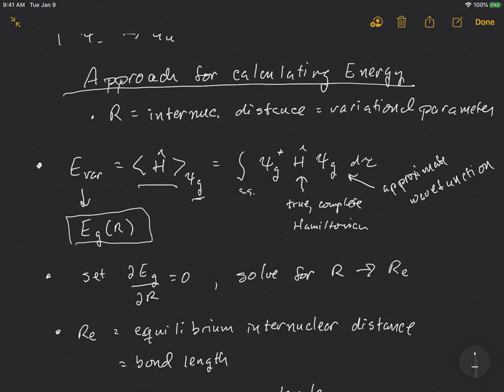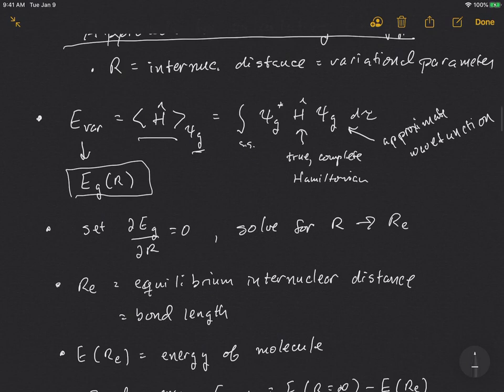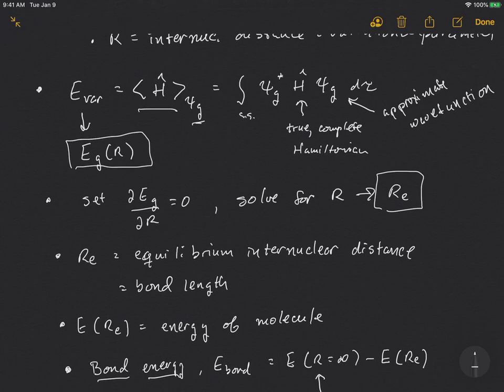Then following the variational approach, we're going to set dEg/dR equal to 0, and solve for R. That's going to give us our equilibrium internuclear distance, R sub e. Not only is that a parameter of our model that gives us something to minimize, that allows us to estimate the energy of the system, it also gives us the bond length according to this model.